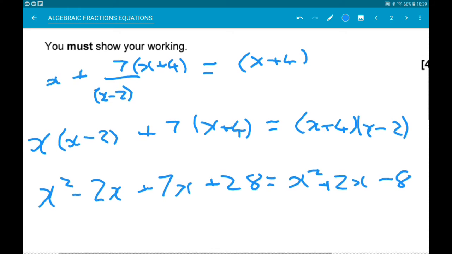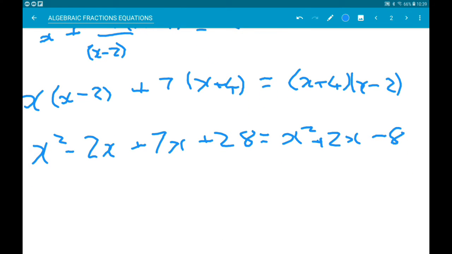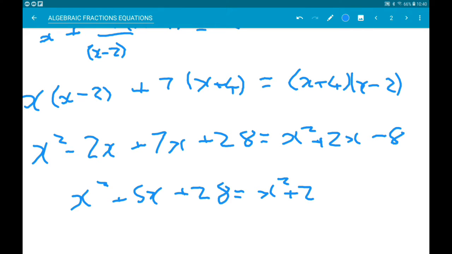Okay, now we need to simplify it. So on the left, we have x squared plus 5x, add 28. On the right, again we have x squared, add 2x, minus 8.